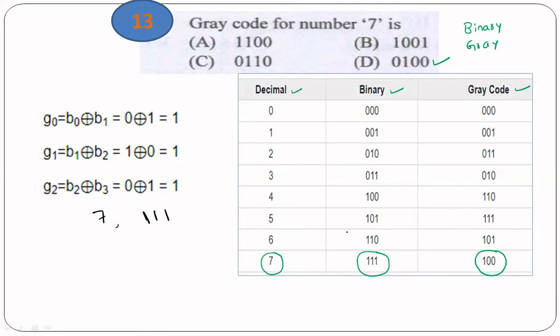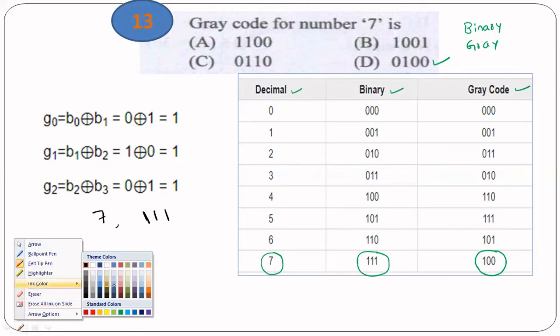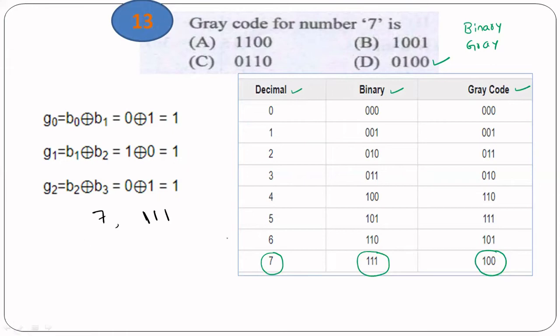Now, when comparing the binary number and the gray code, the MSB remains the same. There is no change with respect to the MSB, that is the most significant bit. Whatever is there in binary will be there in gray code.